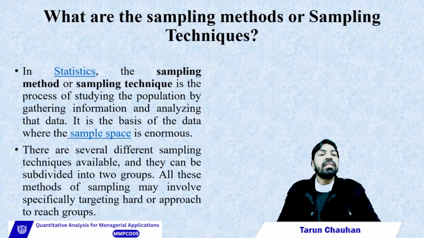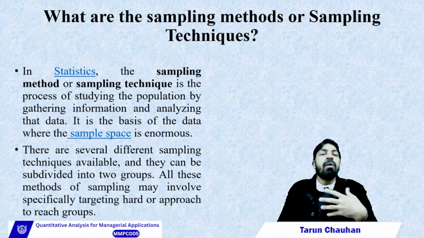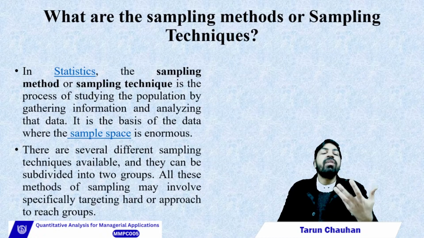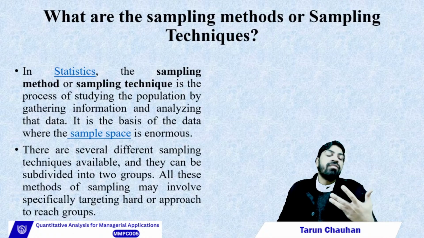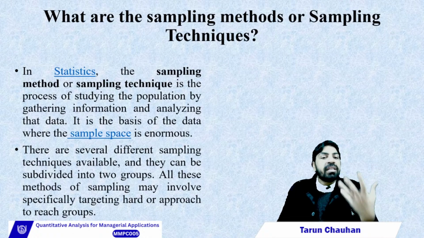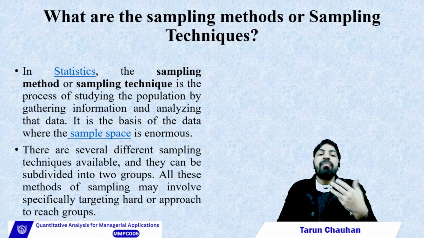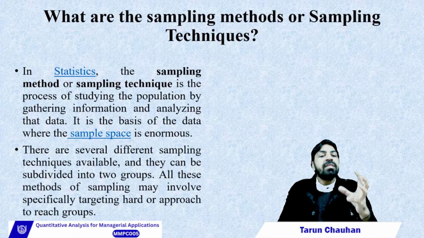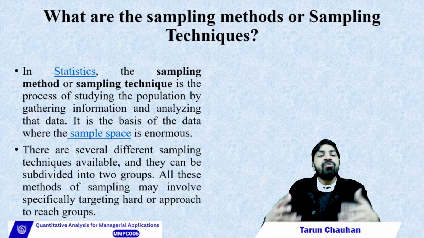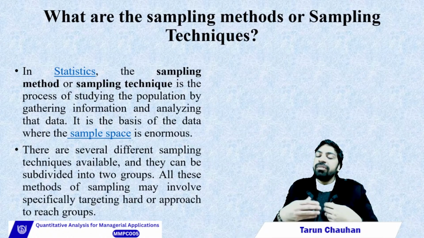So in statistics, when we talk about the sampling method or sampling technique, it's all about studying the population: how a researcher will gather the information, and how they will analyze the data using the information of the particular or selected group of members. So it is a basis of the data where the sample space is enormous. Enormous means the sample space is larger, with no count.